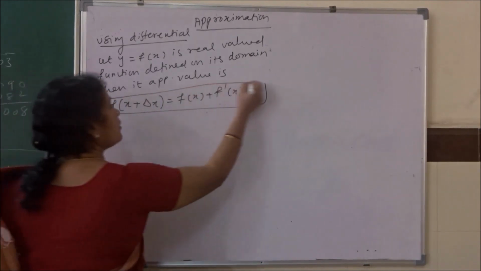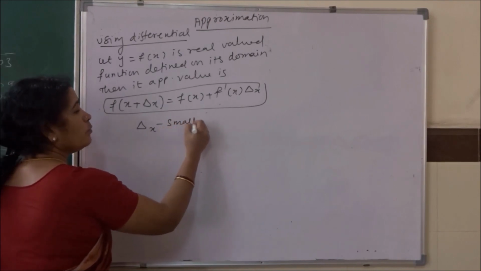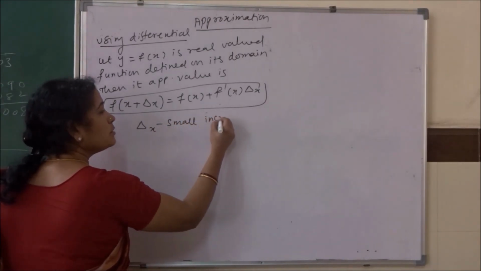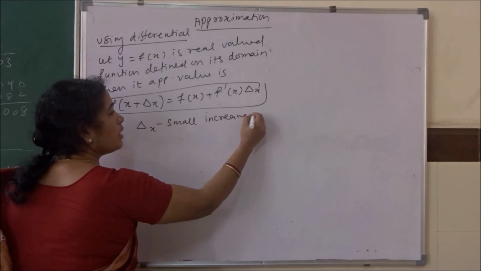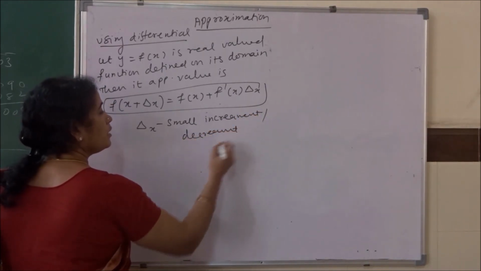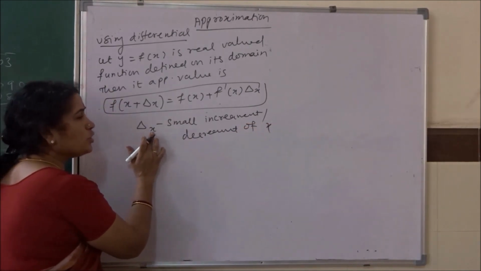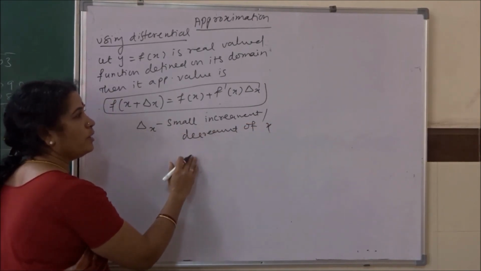What is delta x? Delta x is a small increment or decrement of x. This small change in x may be negative or positive.